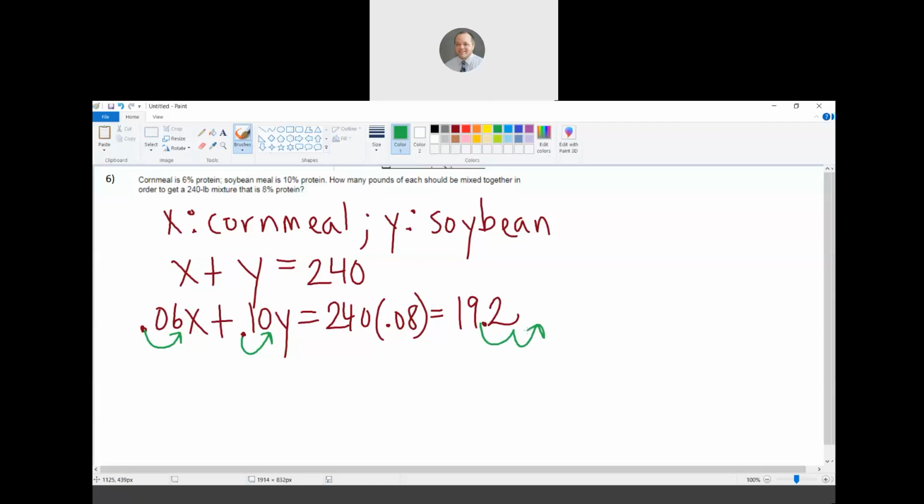So our new second equation is 6x plus 10y equal to 1920. Scoot over the first equation.